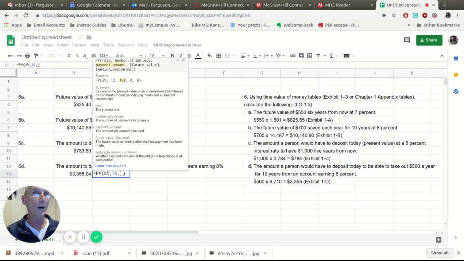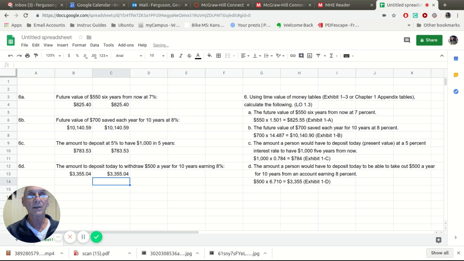Payment amount, how much is going to be paid out? $500, comma. And it says, what is the future value? Okay, that's optional. I can put something in or I don't have to. I'm just saying, okay, I want nothing there. You see, I get my 33.55. So that's the easy way to do this.